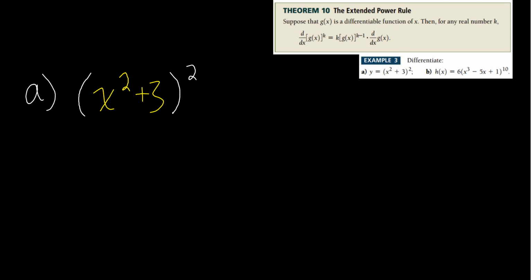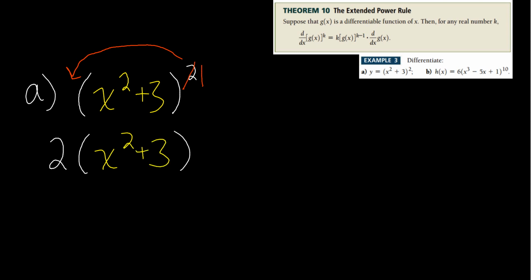What we're used to doing first is putting this 2 out front, and then reducing this 2 down 1. So that's going to now look like 2, and then we have x squared plus 3, and of course it's raised to the first power, but we don't write that.